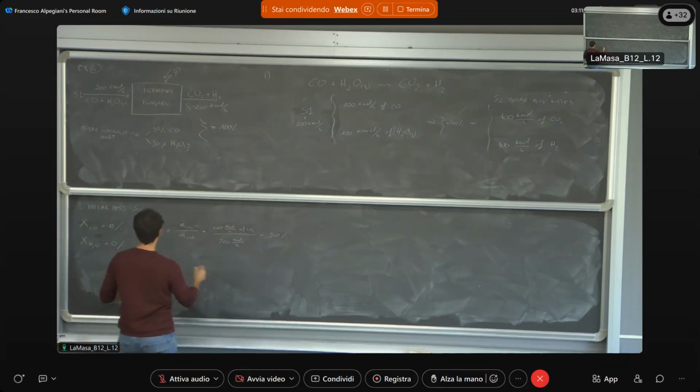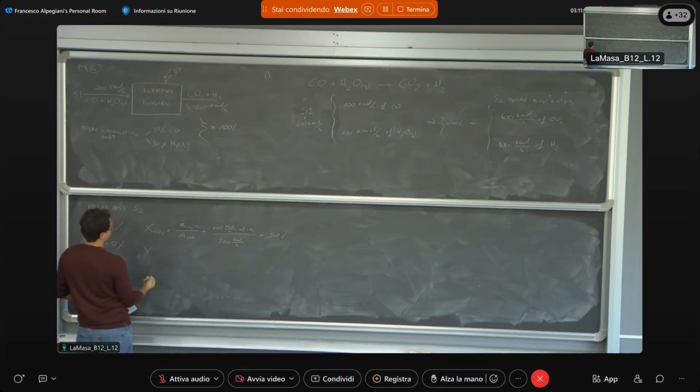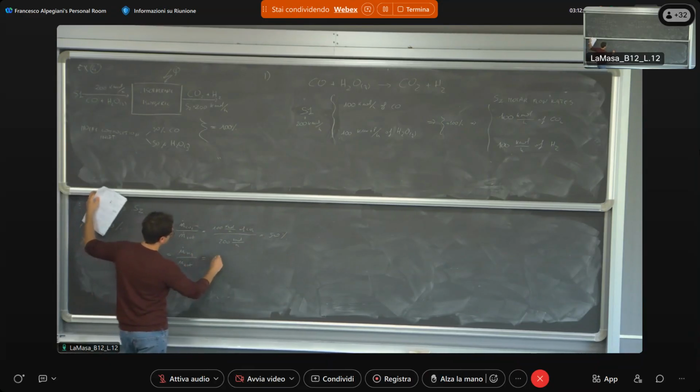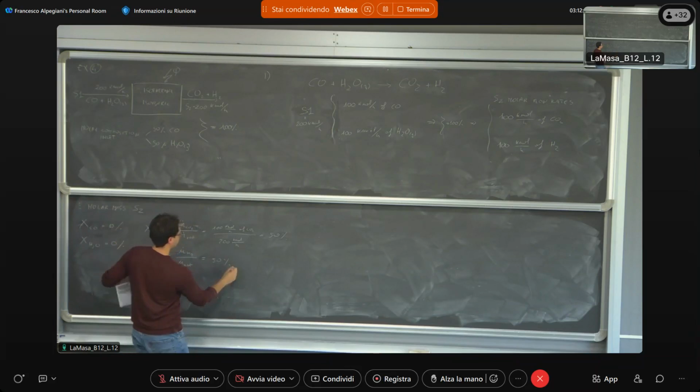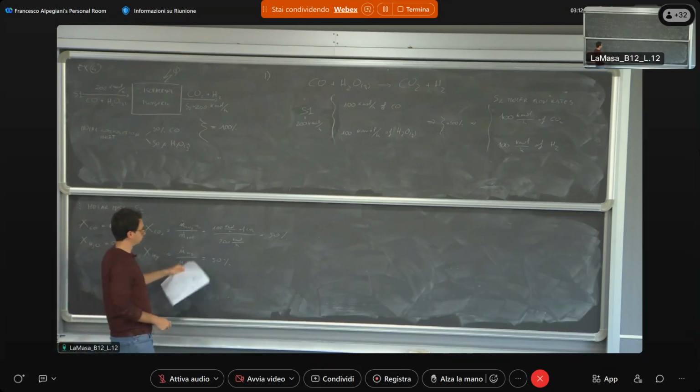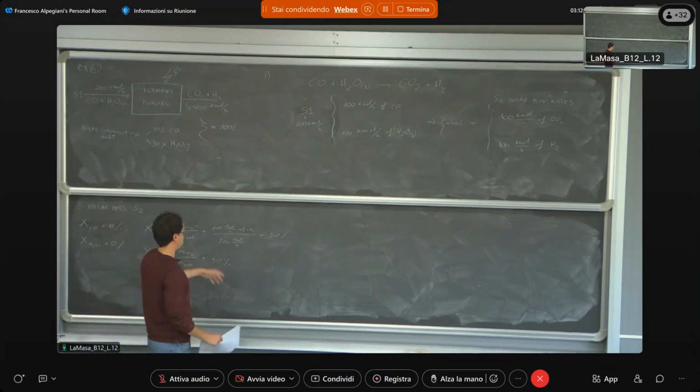It's simply the same for the hydrogen: N of hydrogen divided by N dot, 100 kmol/h divided by 200, and so it comes equal to 50%.